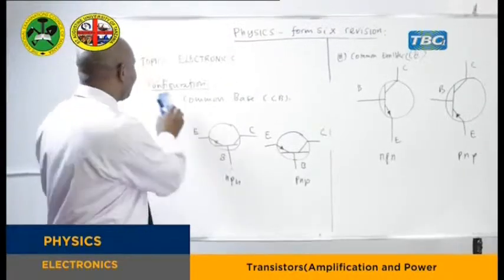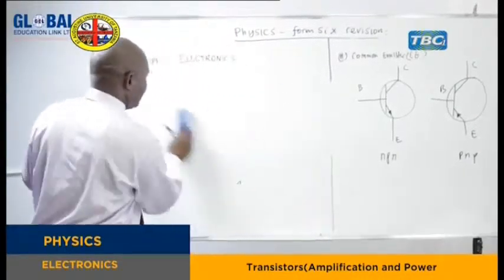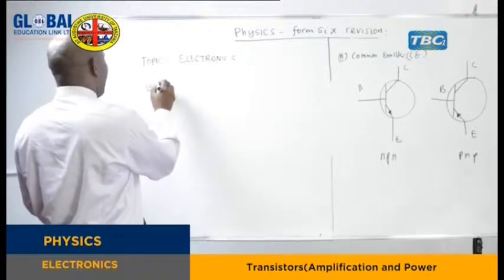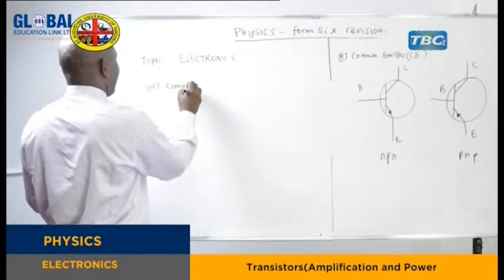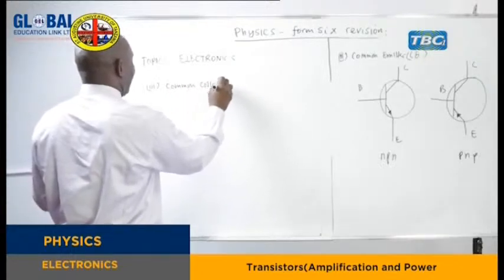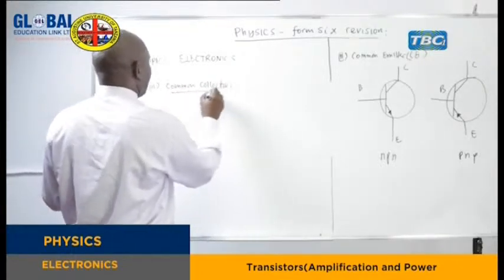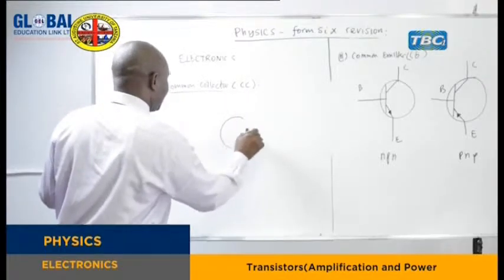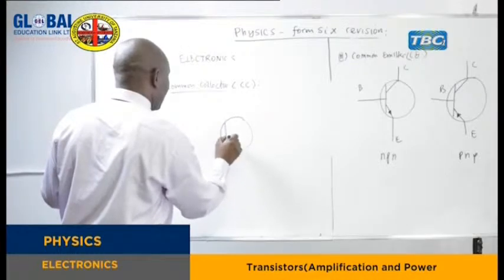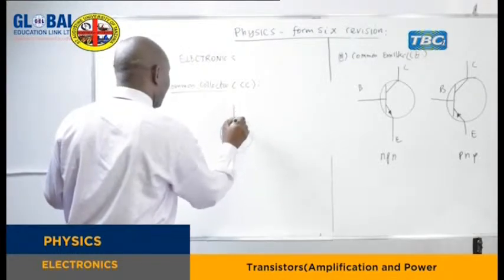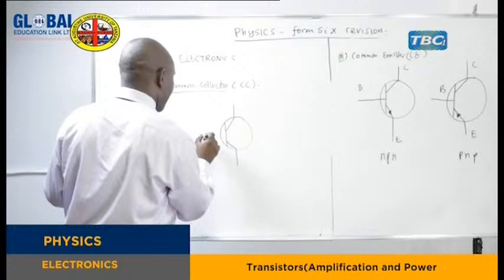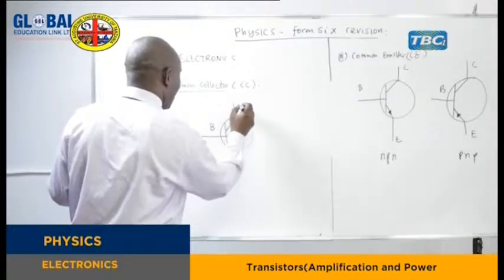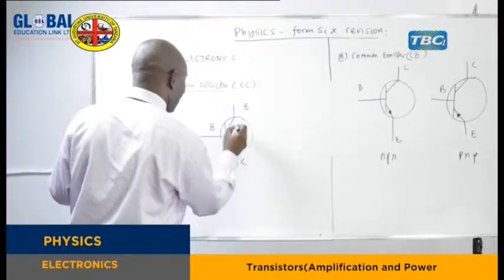So the third one is the common collector, CC. Same arrangement. This time you're supposed to have a base, our emitter here, this collector.